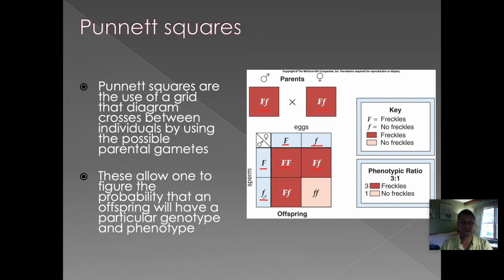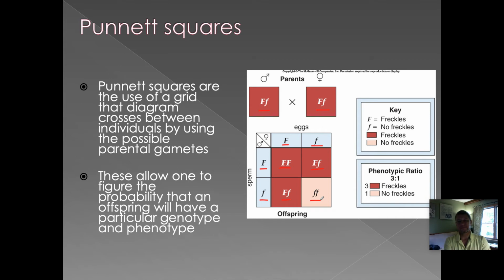If the recessive sperm and the dominant egg get together, we produce a heterozygote, which will also have freckles. And finally, if we use the recessive sperm and the recessive egg, then we end up with a homozygous recessive individual who will have no freckles.